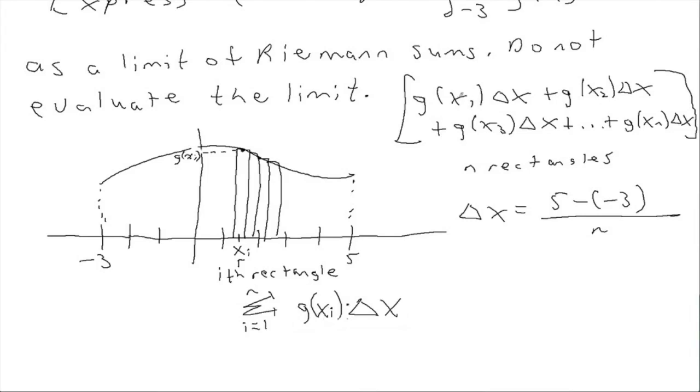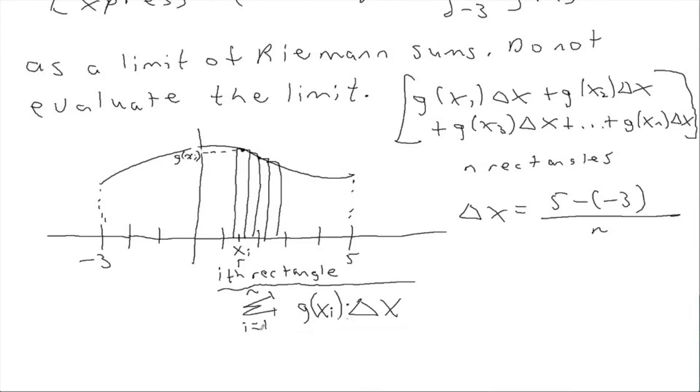The variable we're changing is i, the subscript, from 1 to 2 to 3 to 4 to 5. Here's the variable we're changing, here's the first value, and here's the last value. That's how this notation makes sense.